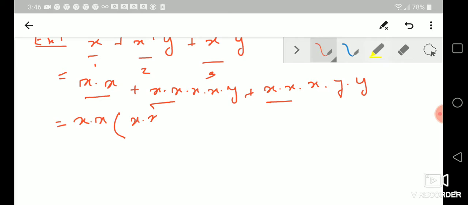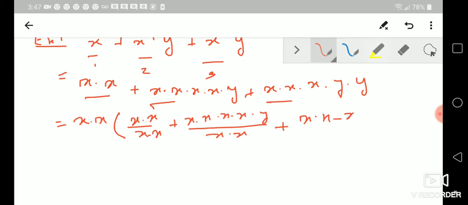So we'll have x dot x divided by x dot x, x dot x dot x dot x dot y divided by x dot x, and x dot x dot x dot y, and we will divide this by x dot x. Whatever is common between all the terms, we take it out, and we want to write it in multiplication form.